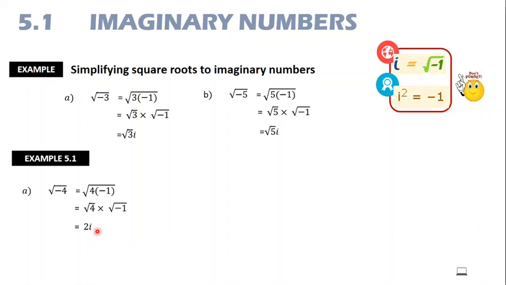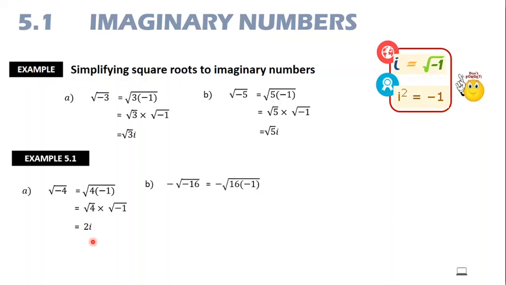Okay, kalau jawapan dia kita dapat dengan nombor bulat, kita dapat ringkaskan terus kepada nombor bulat. Kalau macam ni, punca kuasa 3, punca kuasa 5, kita tak dapat nombor bulat, kita akan dapat nombor perpuluhan, maka kita biarkan sahaja dia dalam bentuk square root. Okay, kalau dalam punca kuasa ni kita dapat nombor bulat, kita kena simplifykan dia.